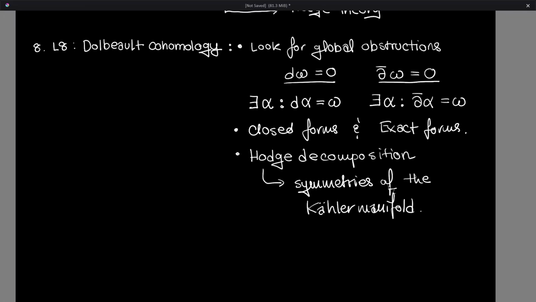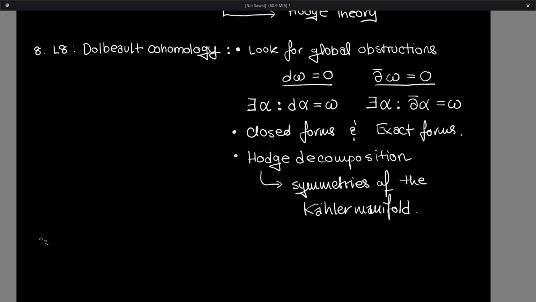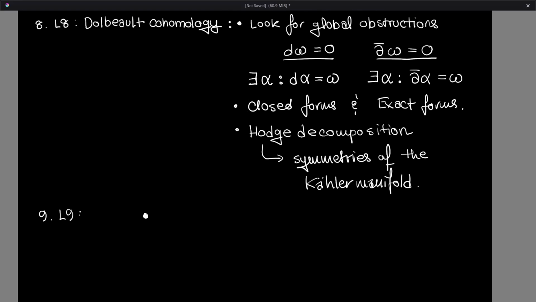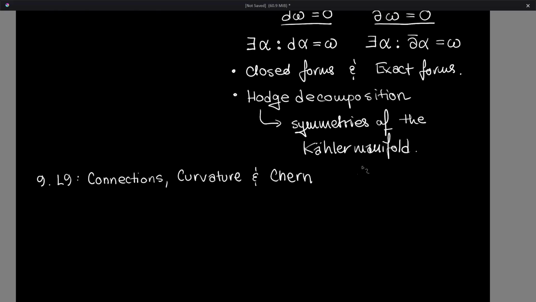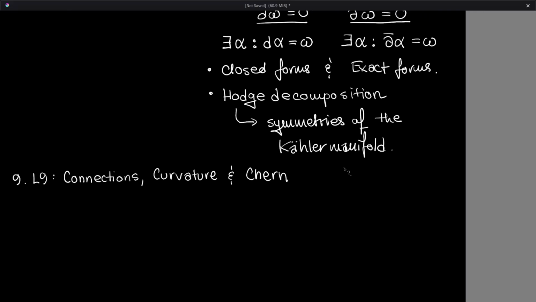And now moving on to lecture 9. Lecture 9 was about connections, curvature, and Chern classes. Chern classes are very directly required in talking about Kähler manifolds and their symmetries, and specifically Calabi-Yau manifolds, especially the first Chern class.